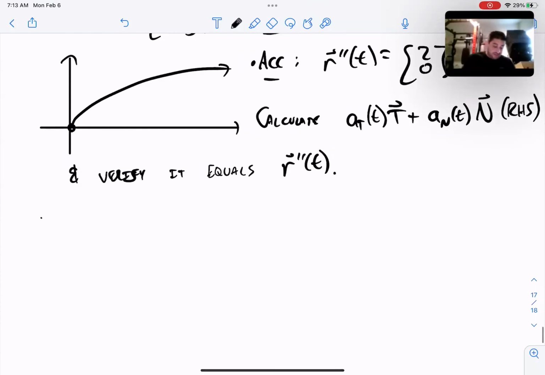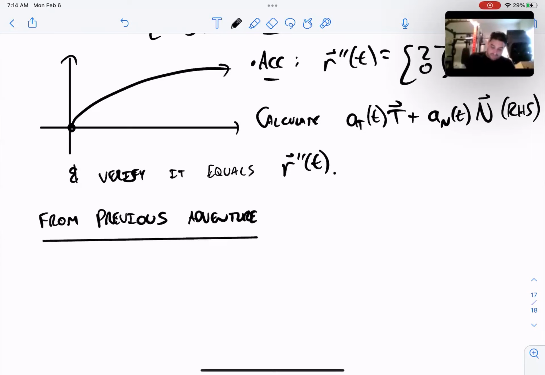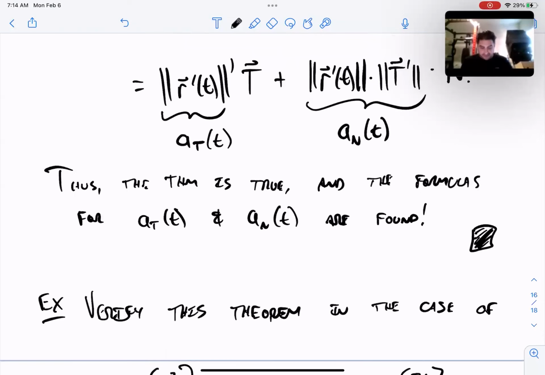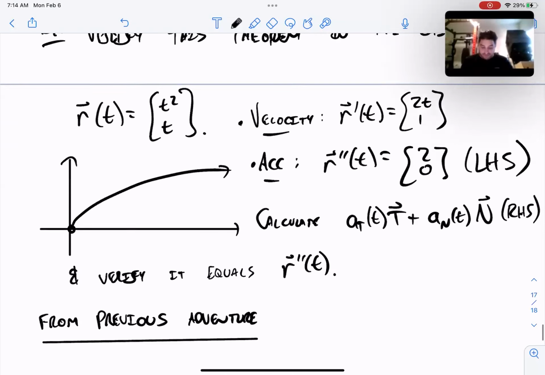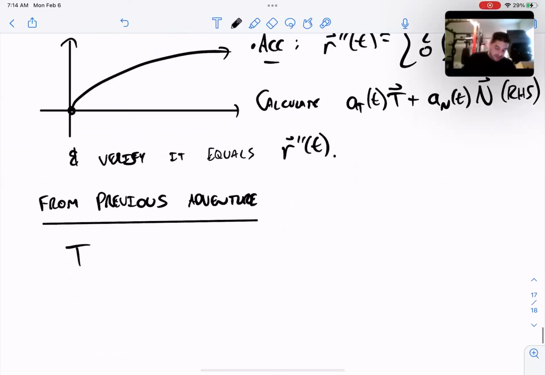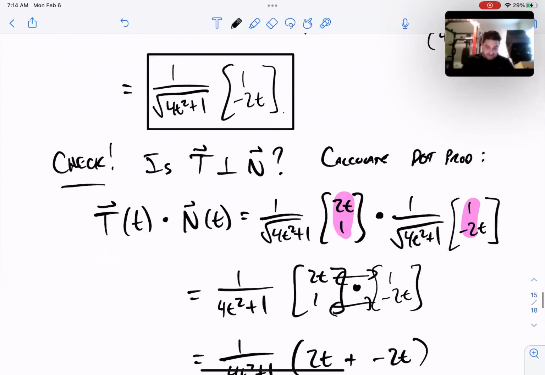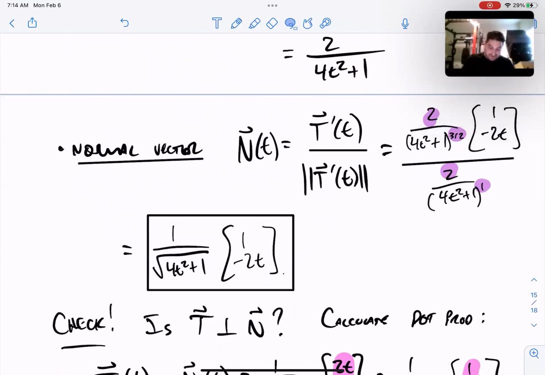I'm going to pull from the previous video. If you want to see the details on that, go reference that video. I'm going to pull a lot of the relevant quantities here. Lots of these we already calculated. In particular, we already had the tangent vector and the normal vector calculated, and they are conveniently up here on the same notability sheet.